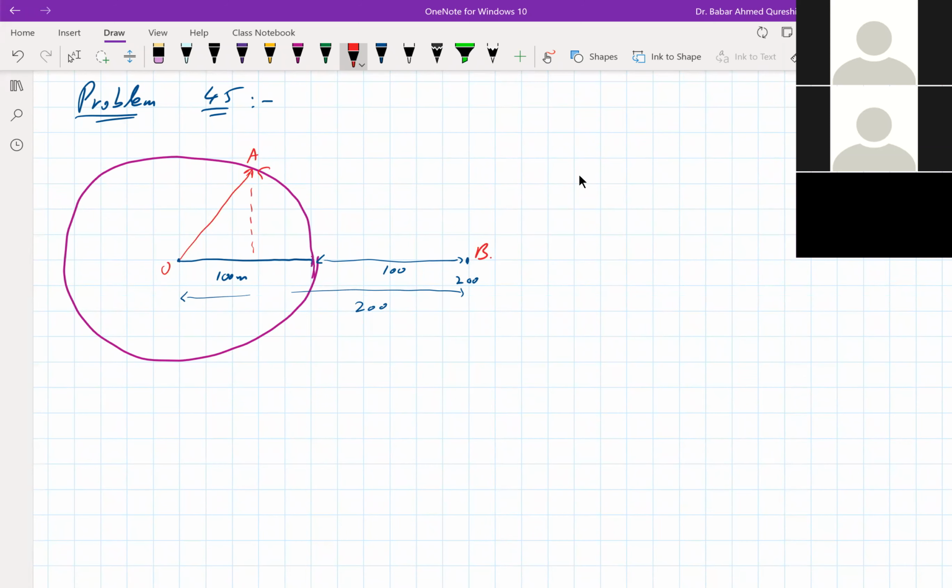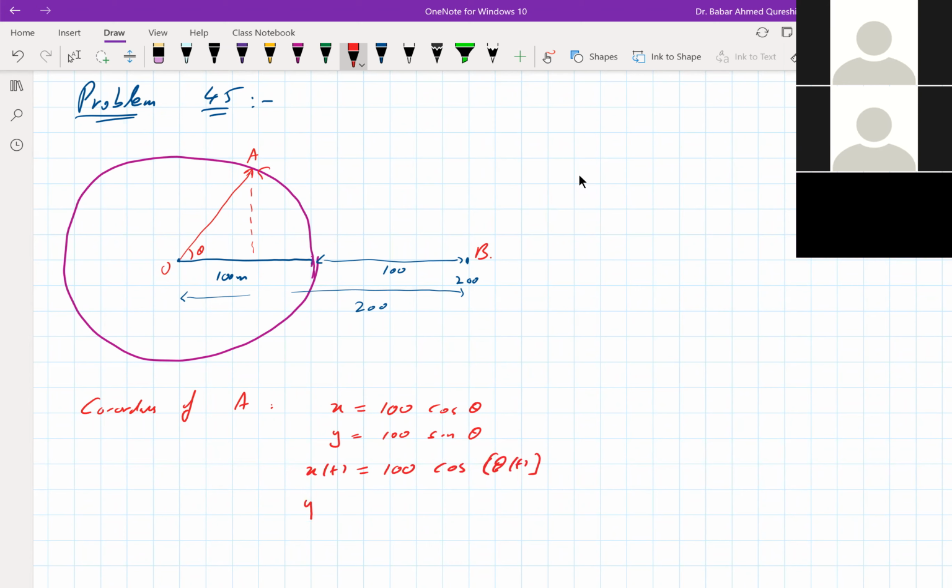So the coordinates of A are x equal to 100 cosine theta, if this is theta, and y is equal to 100 sine theta. And these are not constant, because theta is a function of time.